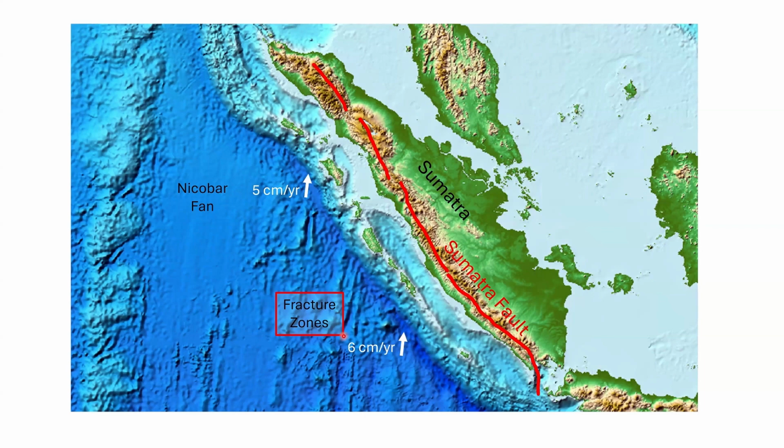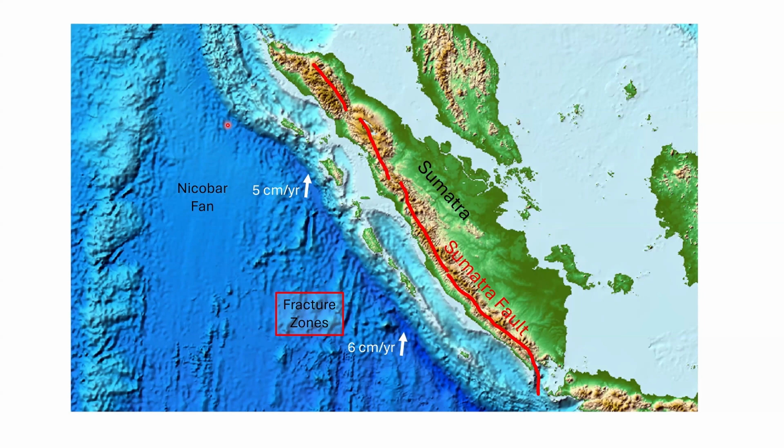Offshore, there are many fracture zones that cause sediment that has been coming down in from the north, filling up the Nicobar fan. Once that sediment hits these fracture zones, it's difficult for it to maneuver over towards the trench.